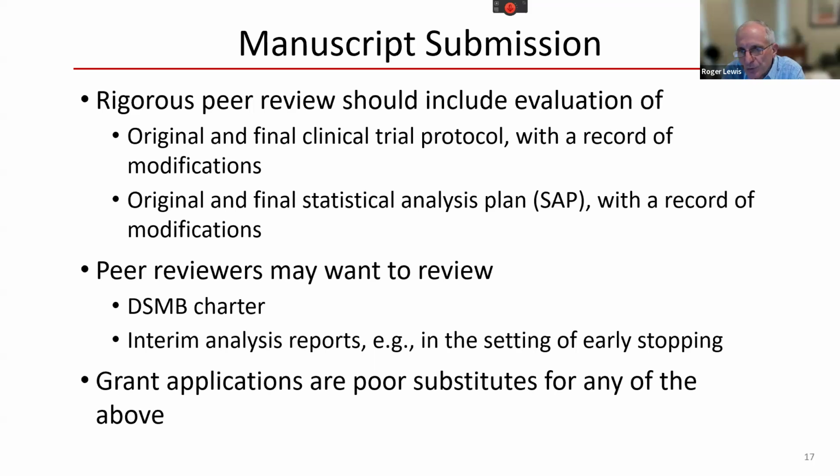The original clinical trial protocol and similarly the original statistical analysis plan are essentially the definition of what was pre-specified.